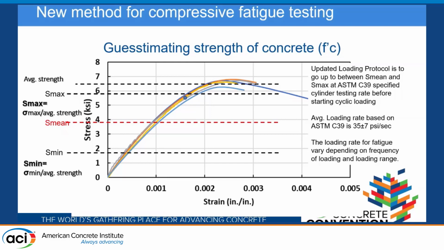Based on that, we go back to the mean of our amplitude, and we plot it with the monotonic responses that we have, and we see which one of those monotonic responses the line fits. Based on that, we guesstimate our strength, and then we start our fatigue testing.